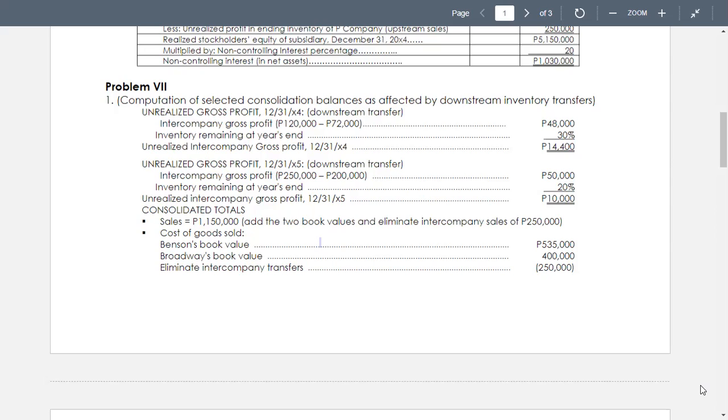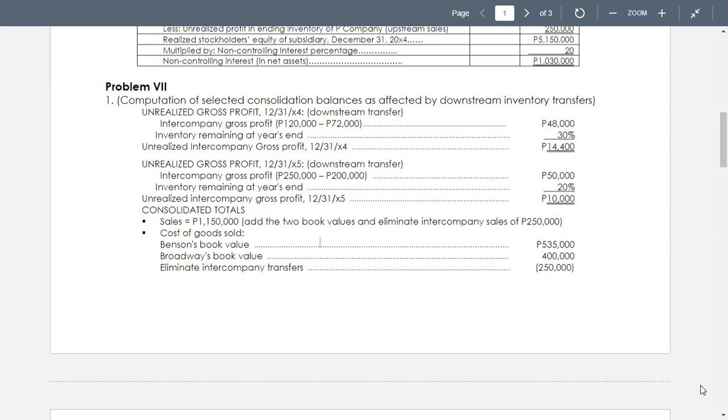With regards to the beginning inventory, now this inventory left at the beginning of the period is already part of cost of sales. Now, the second requirement, determine cost of goods sold. Now, the cost of goods sold is at book value. Here, we have your cost of goods sold, 535,000 in the books of BB. Okay? BB, not Benson.